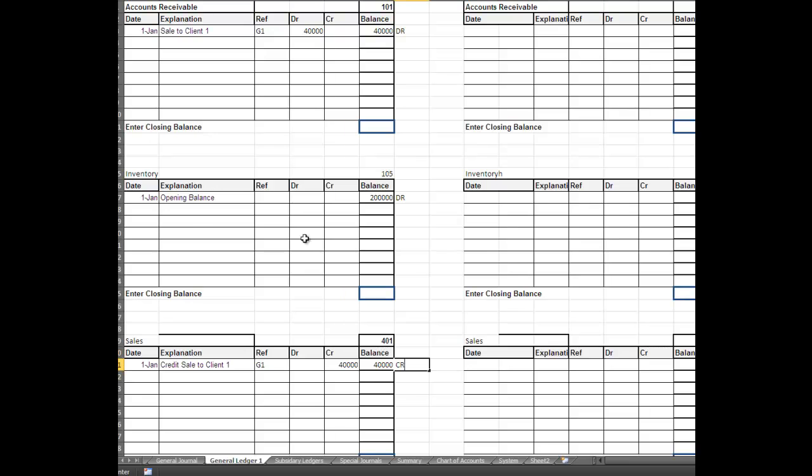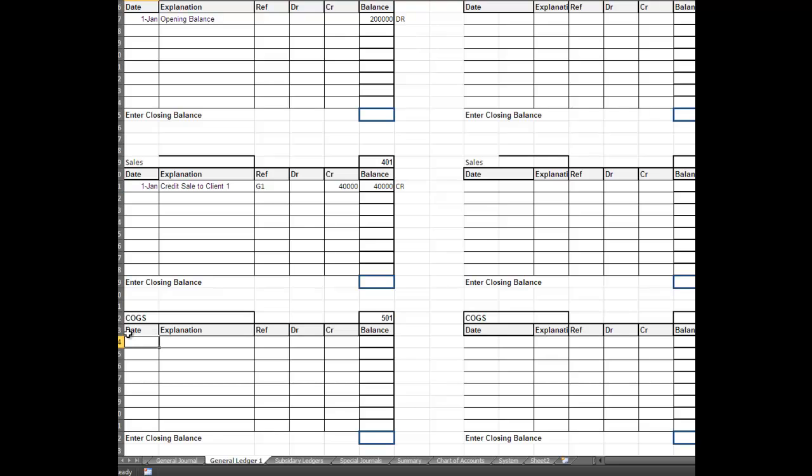Then the next part of that journey is a debit to cost of goods sold. 1 January, sale to client 1, reference is G2, a $32,000 debit, and our balance is 32,000 debit.